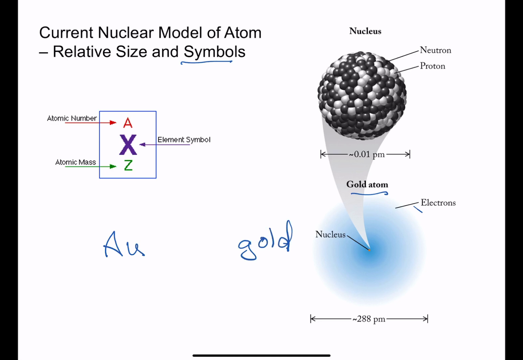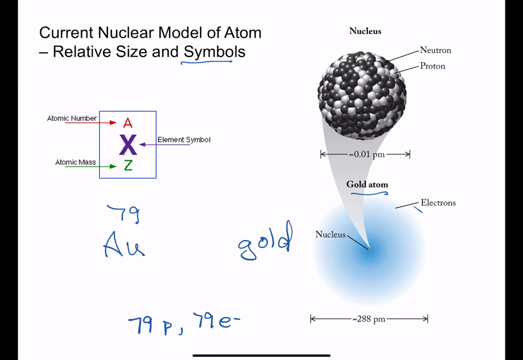And we have the atomic number on the top. For gold, that is 79. So that means there are 79 protons and 79 electrons in gold. The mass number is what tells us how many neutrons are in the gold.